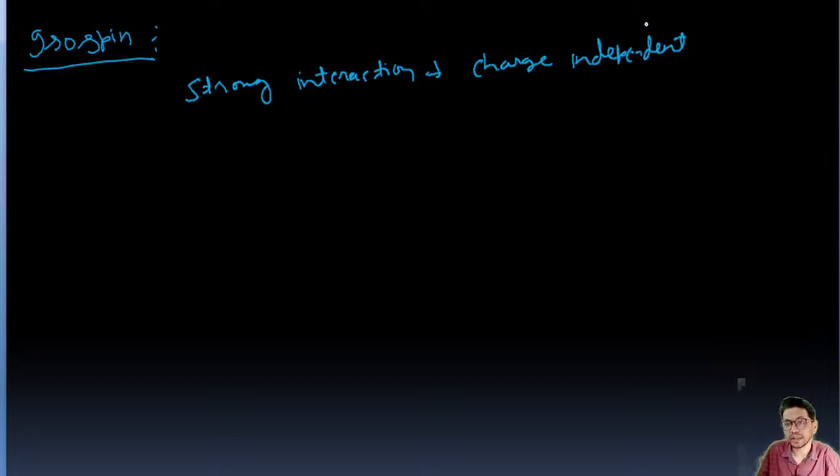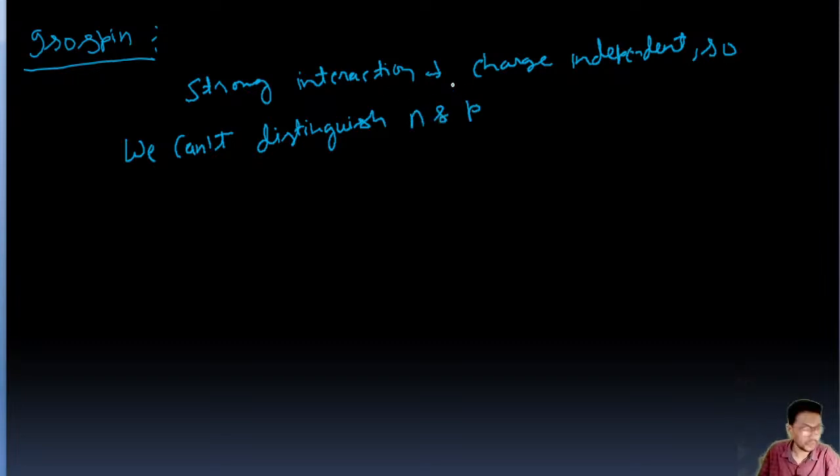Strong interaction is charge independent, so we can't distinguish N and P, because in strong interaction it is charge independent.